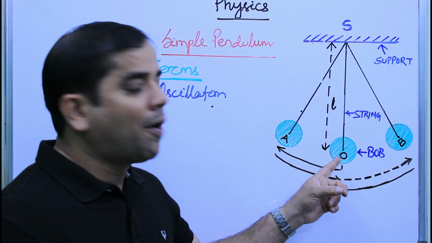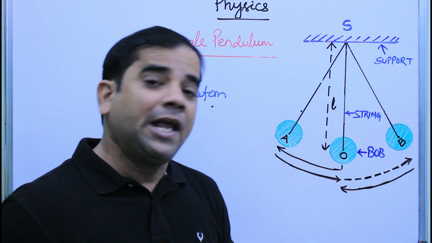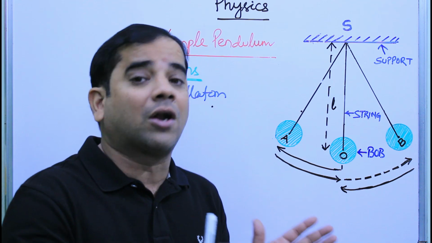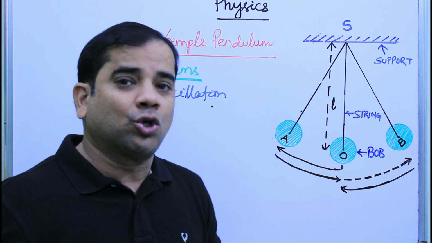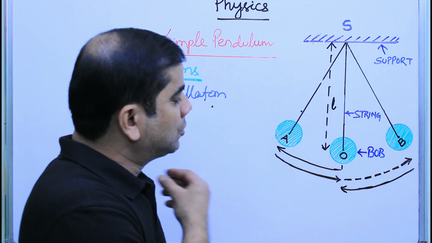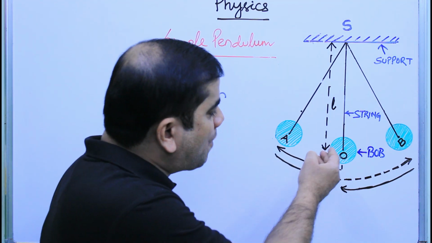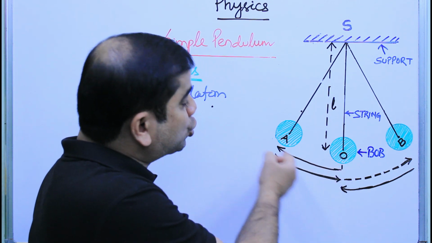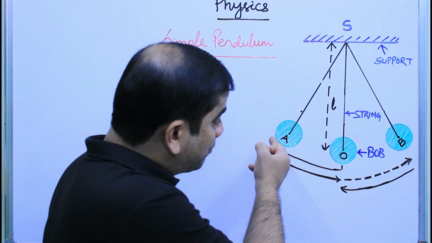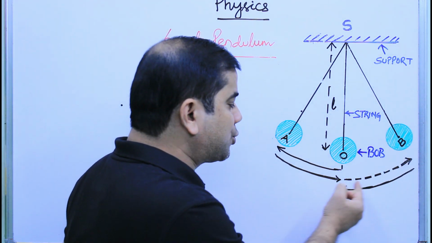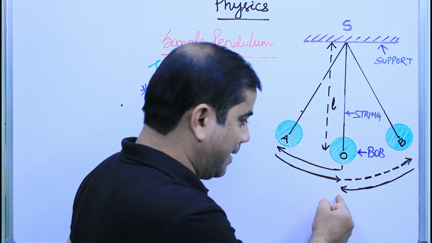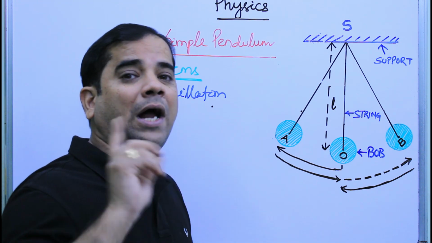As you can see, the bob is at its mean position O. If we push it to either right or left, it will go a certain distance, isn't it? Let that distance be A. What happens now when we push the bob from O and it goes to A? Then it moves through the mean position and goes to B, and comes back to the mean position again. Then it completes one oscillation.